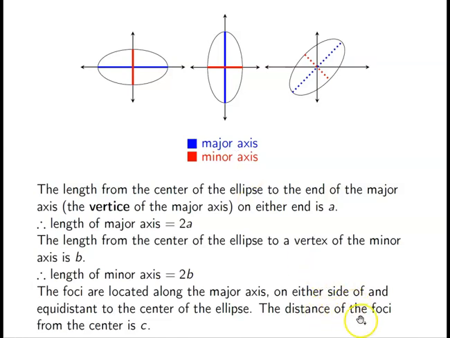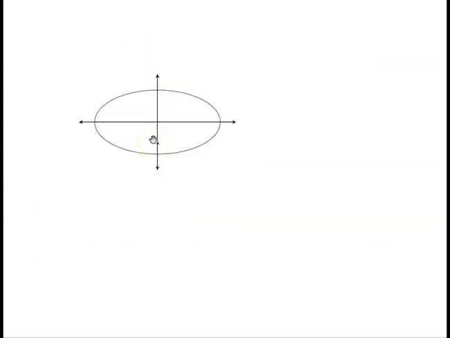And the distance of the foci from the center is C. So we move out a distance of C to get to our focus. From the center, a distance of A is a vertex. From the center, a distance of C is a focus. And if I go in the perpendicular direction from the center, up or down in this case, a distance of B, I get to the top or the bottom of my ellipse.